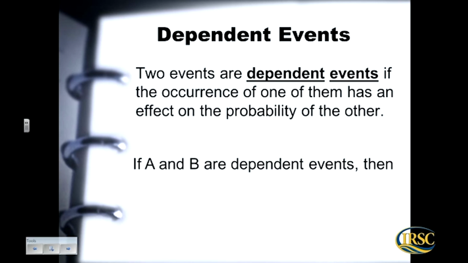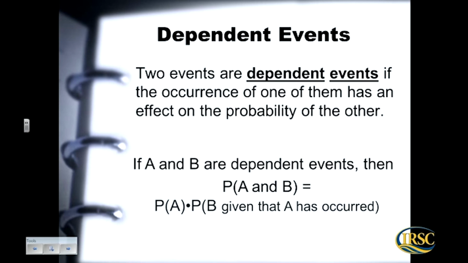Now, if you draw a card and you replace it and you put it back, then those are independent events because you have put that card back and everything's back to normal. So make sure you're listening to keywords like that. Now, if they are dependent events, if the first event affects the second one, then you're still going to be multiplying your probabilities. You've got a probability of A and B, but here's the difference.